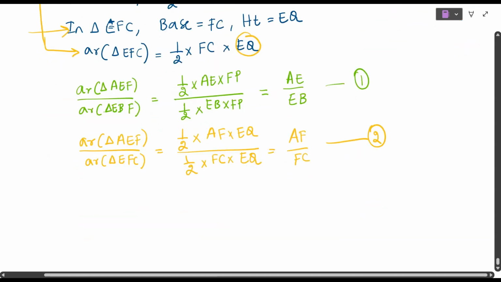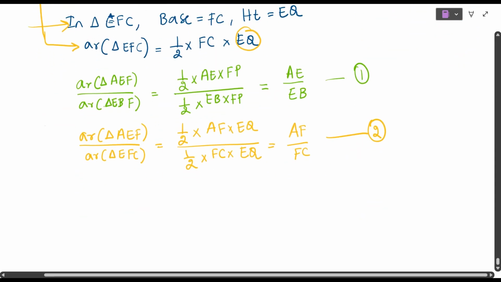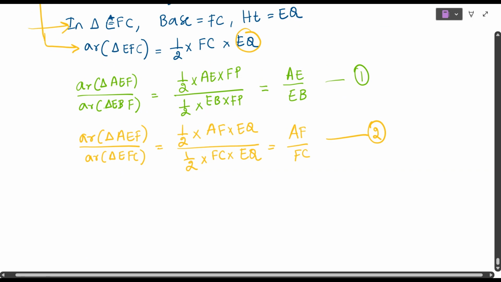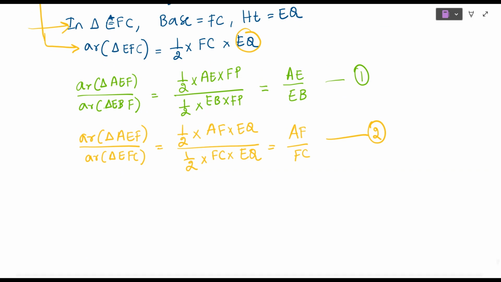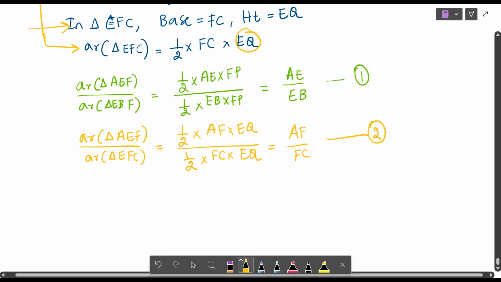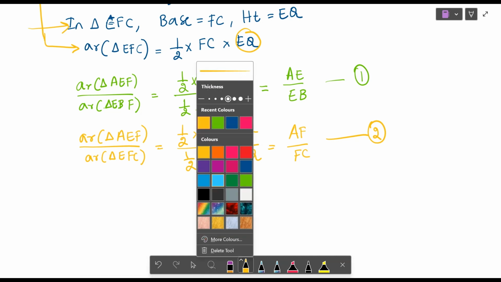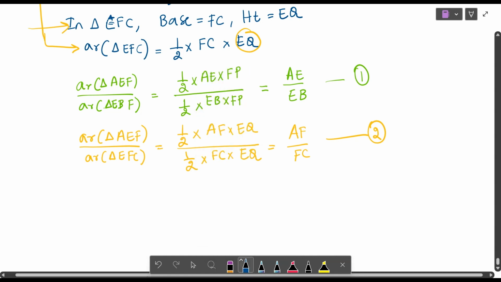Okay students. So now what we are going to do here is, see if you understand carefully, these two triangles. What are the two triangles I'm going to write here, students? The two triangles, see here, triangle EBF and triangle EFC.